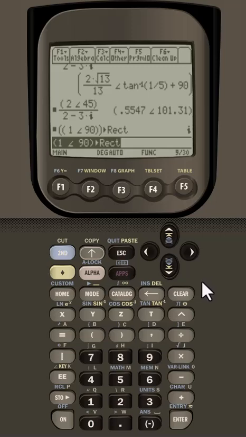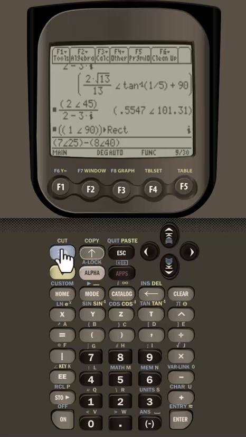And if I know ahead of time that I want my answer to be in rectangular, and I'm in polar form, so let's say I have a 7 angle 25 close parentheses minus 8 angle 40 close parentheses.